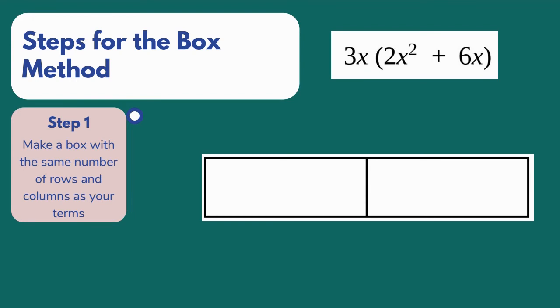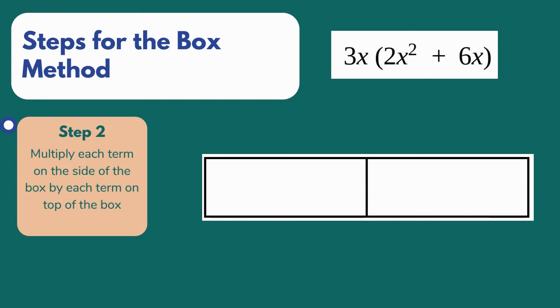Step 1 of the box method says that we will make a box with the same number of rows and columns as terms in our problem. So we made a box that is 1 by 2 because we have one term and we're multiplying it by two terms.